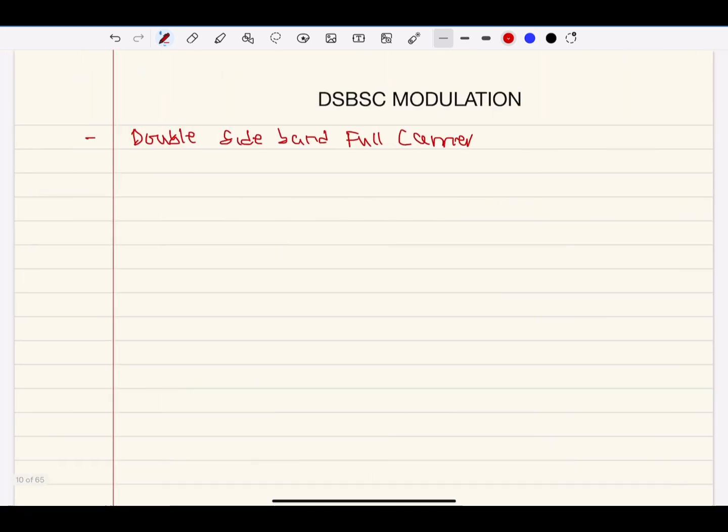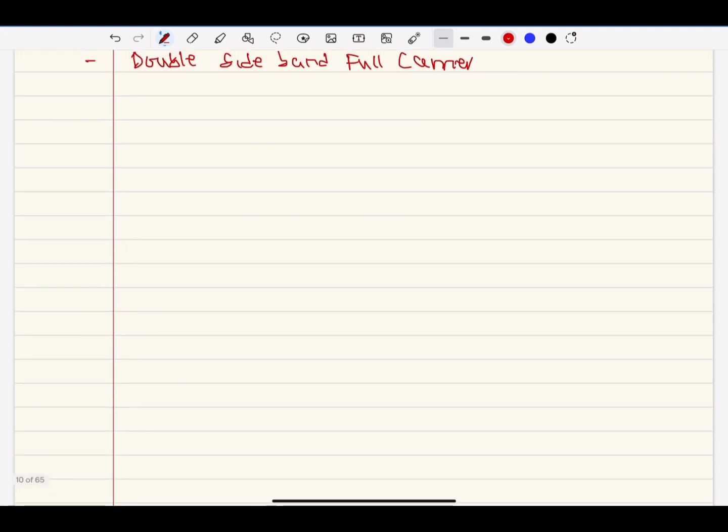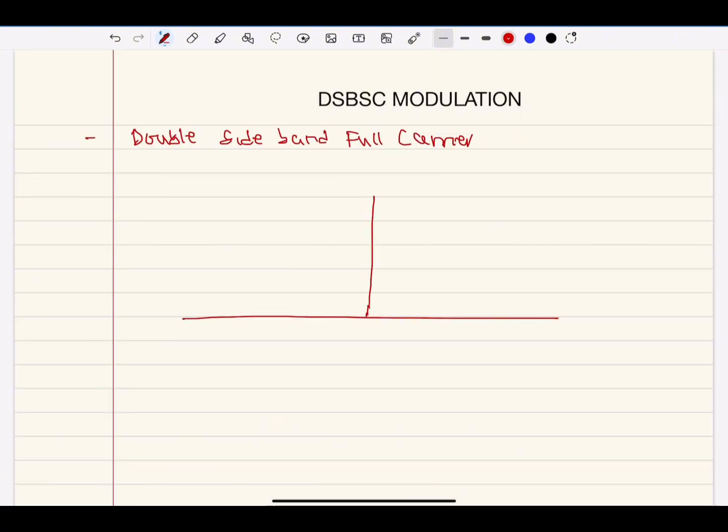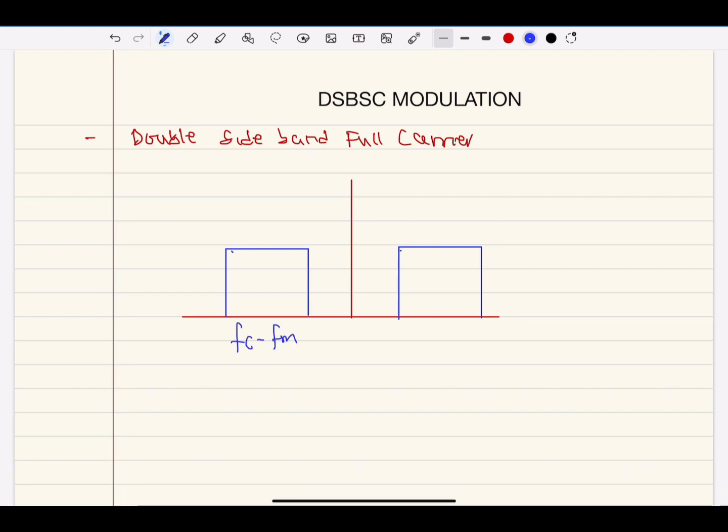So instead of using the lines that I used over here, you can also represent them as a square wave. So now this is my lower sideband, and this is my upper sideband, and this is my fc.